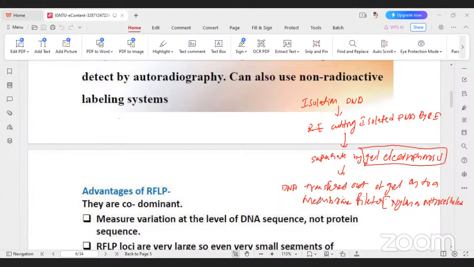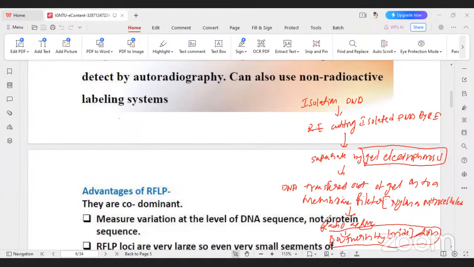Now, next step, radioactive labeling. After radioactive labeling comes Southern hybridization, which I will explain also.